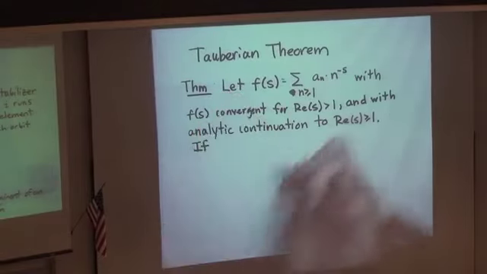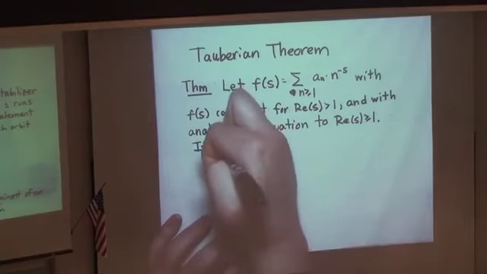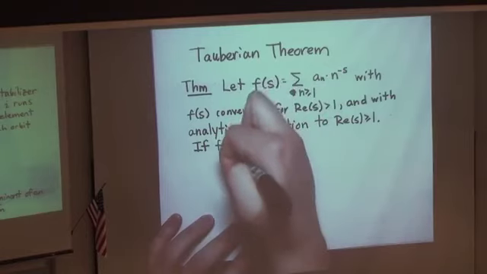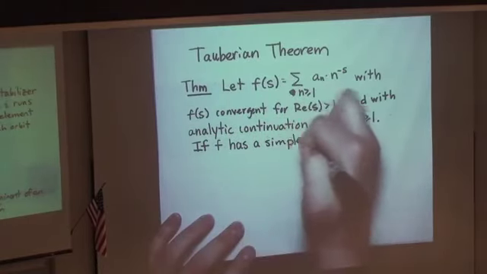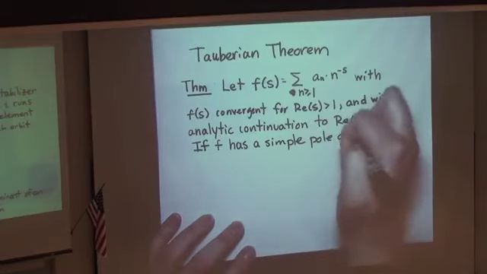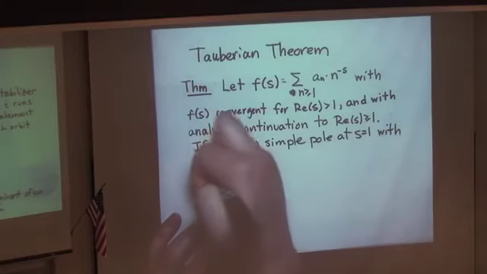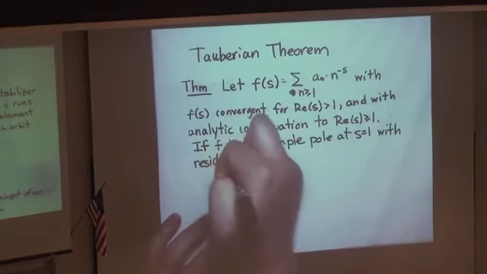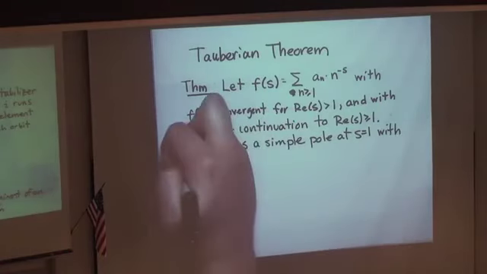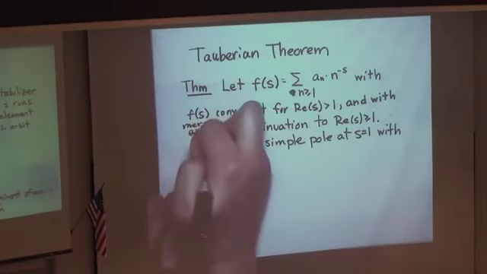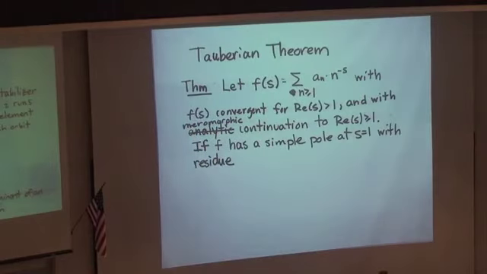So in particular, I mean, you have to say the continuation. So if the continuation of F has a simple pole at s equals 1 with, oh yeah, maybe someone just said I should have said meromorphic. Yeah, thank you. We often talk about meromorphic continuation.